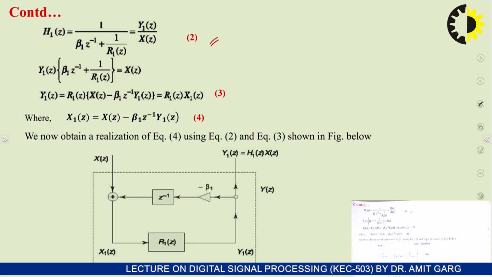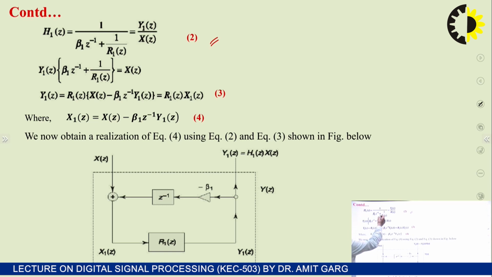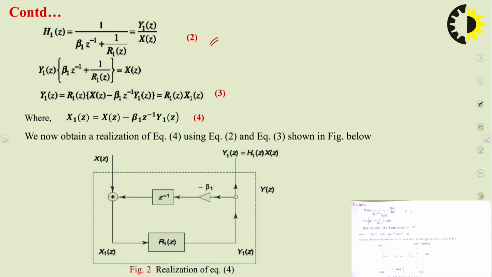Now cross multiply. By cross multiplying you have Y1(z) multiplied by (beta 1 z to the power minus 1 plus 1 upon R1(z)), and that will be equal to X(z). Now for representing it in cause and effect form, we will solve it. So we get Y1(z) equals R1(z) times (X(z) minus beta 1 z to the power minus 1 Y1(z)).